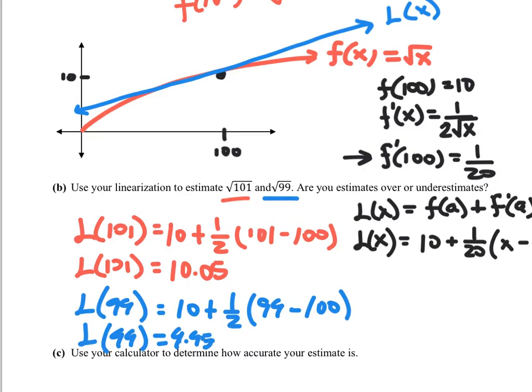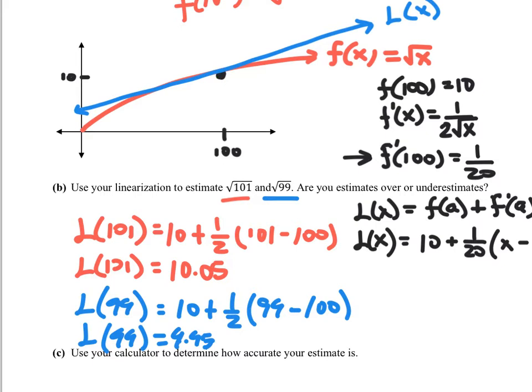Okay, so what did I do? I used different values for x in this linearization to see whether or not this linearization would be a pretty good representation around this value 100.